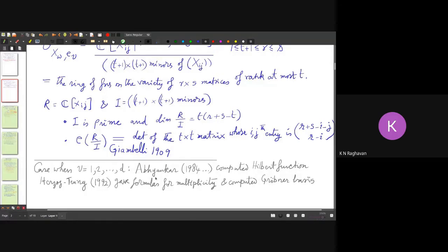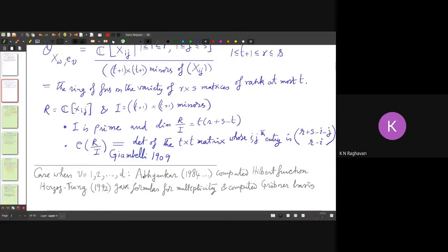Okay, so I put this example in just to show that the objects that we are talking about encompass very interesting determinantal ideals.